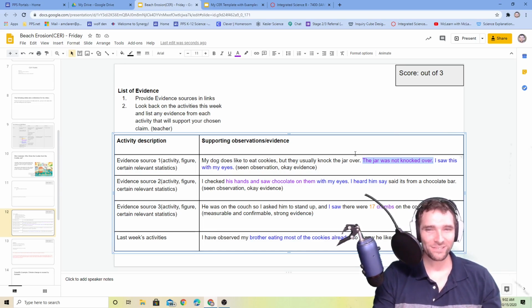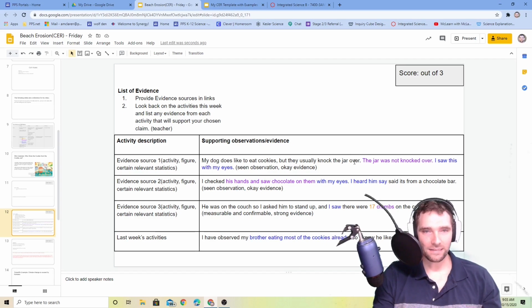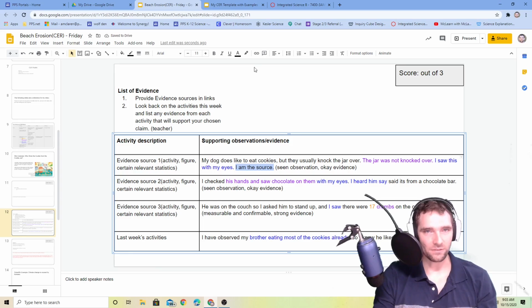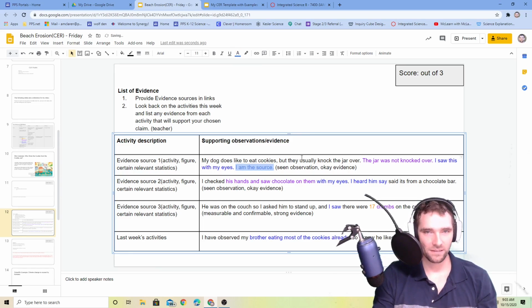Okay? So if we're going back to our rubric, our observations are in purple. And how this was measured was it was seen with my eyes. I am the source is what I would say for this as well. I think I'm going to include that for a couple of these actually.